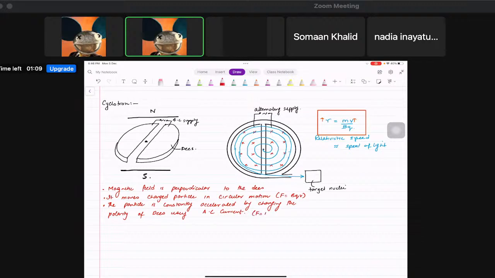So because F is Eq, you know this, and acceleration is Eq over m.